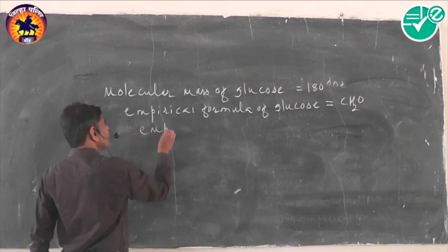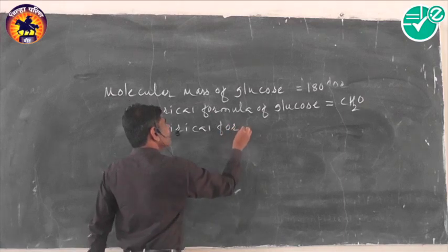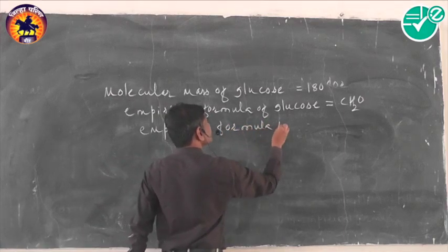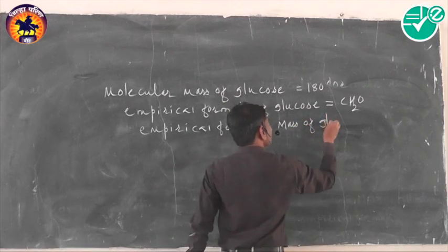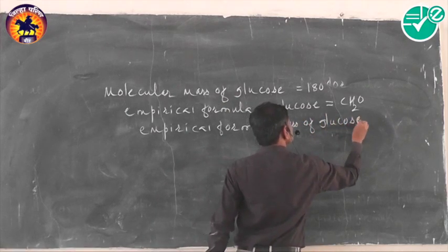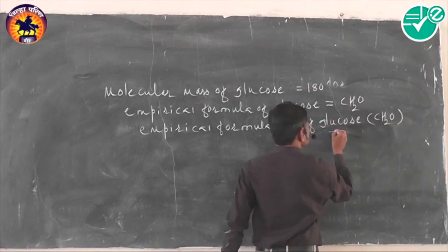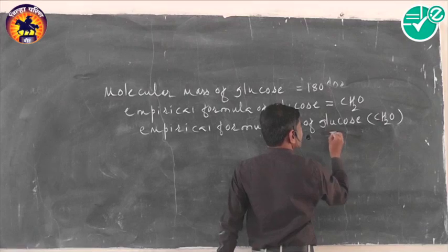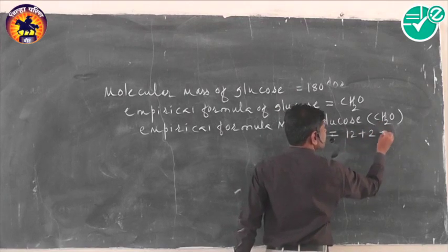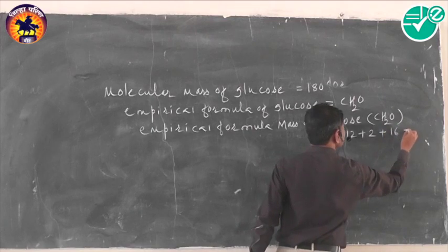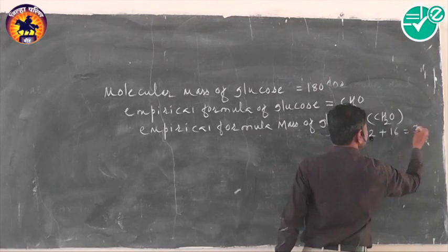Empirical formula mass of glucose. So the empirical formula is CH2O, which is equal to carbon atomic mass 12, hydrogen atomic mass 1 but there are 2 atoms so 2, plus 16: 12 plus 2 is 14, plus 16, that is 30.